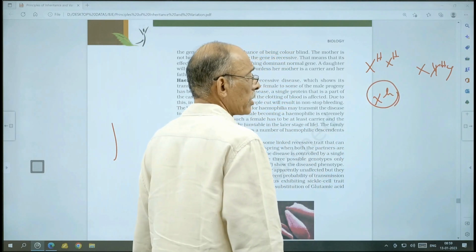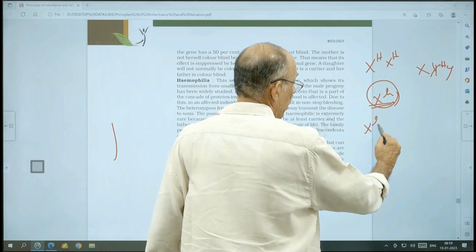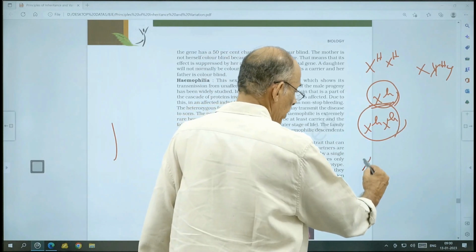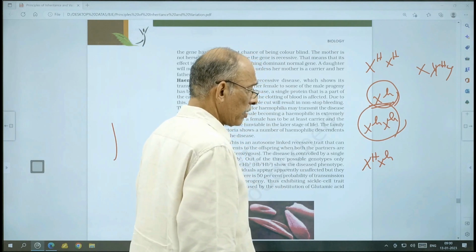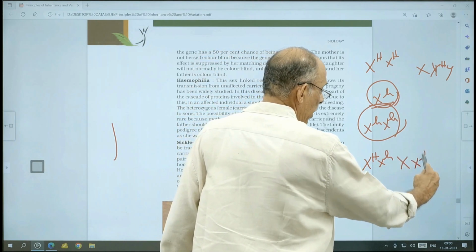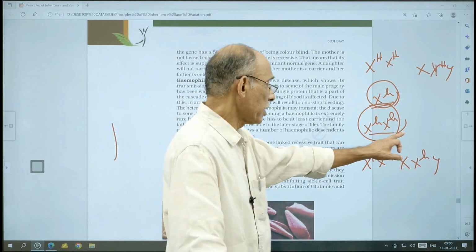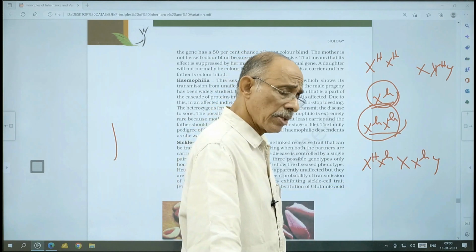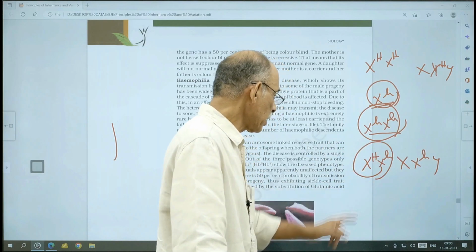For a female to be born a hemophiliac, she should be minimum heterozygous, and the father should be a hemophiliac. Then only there is a chance for this condition. So this is a very rare chance. It was first noted in Queen Victoria, and she was a carrier. She was a heterozygous carrier for the disease.